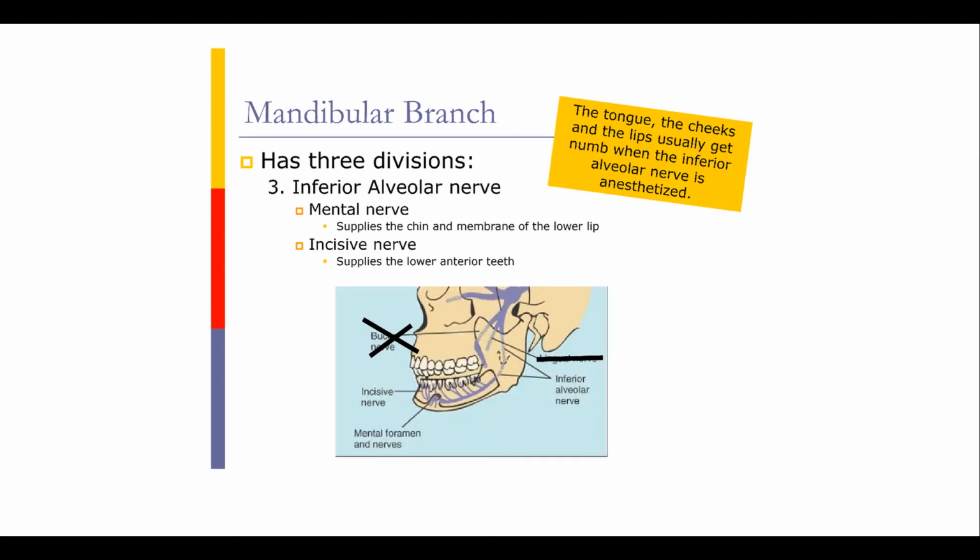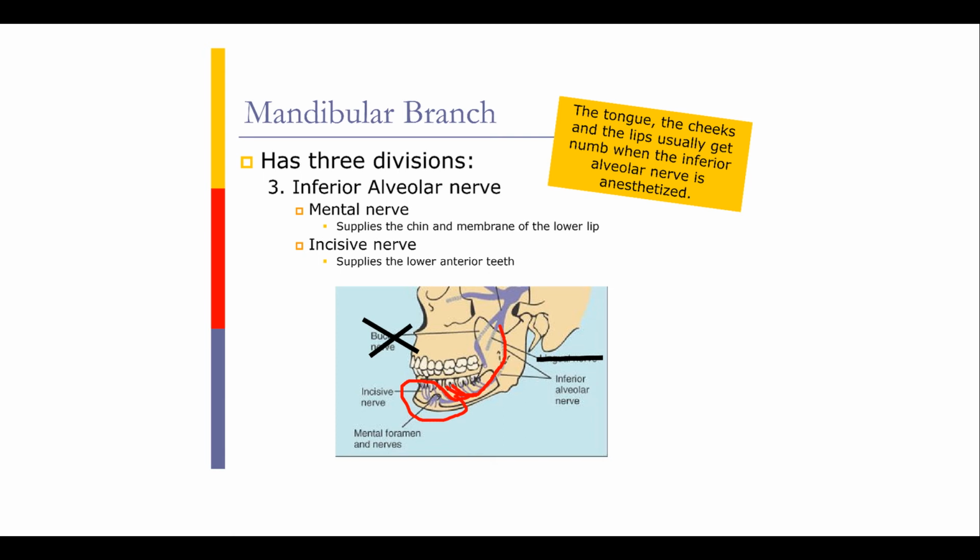Off of the inferior alveolar nerve, there are lots of nerves that branch off of there, and there's really only 2 that you need to know about. Those 2 actually go to the chin area. So the inferior alveolar nerve comes down here off of the mandibular nerve. It provides nerves that go into the apex of all the lower teeth. But when we get down here to the anterior teeth, there are other branches.